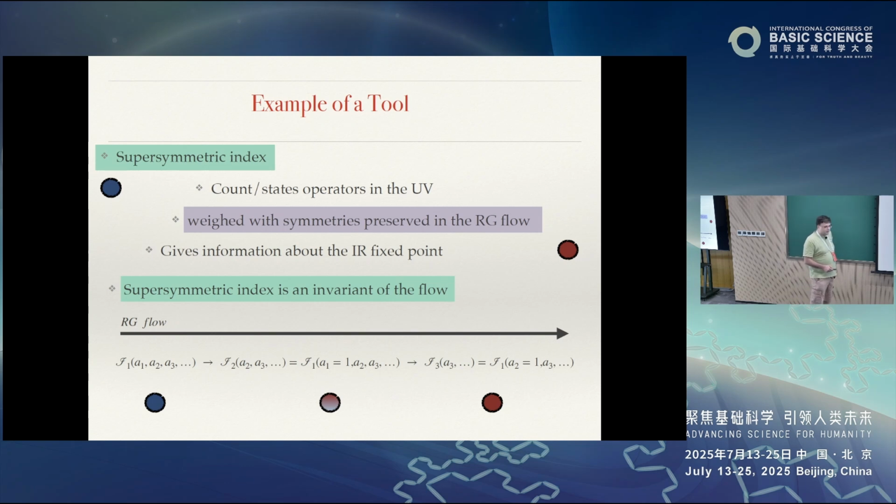You get fewer parameters, but this function, depending on fewer parameters, tells you something about all the theories in the RG flow. Maybe it gives you the full information that the supersymmetric index can give you about the fixed point in the infrared, but it also tells you something about the UV fixed point.